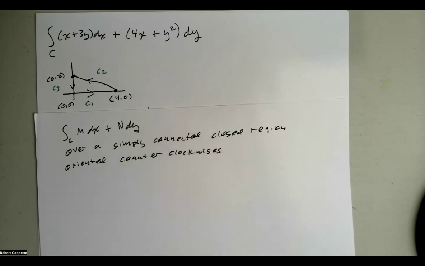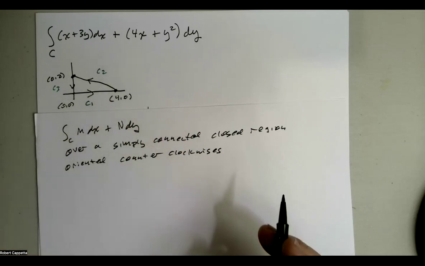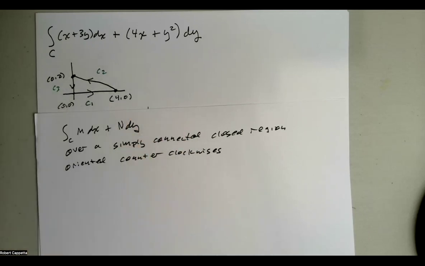Now, of course, if this is a closed region, the beginning and ending point are the same. So if the vector field is conservative, the work would just be 0. You would take your potential function, starting point and end point are the same. You'd subtract them and you'd get 0.